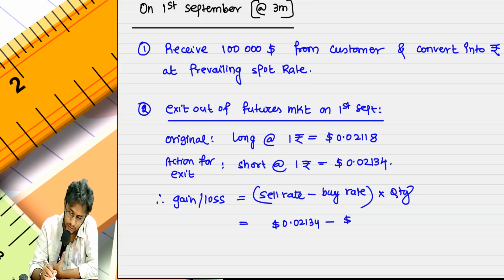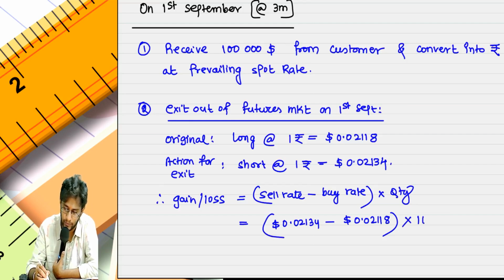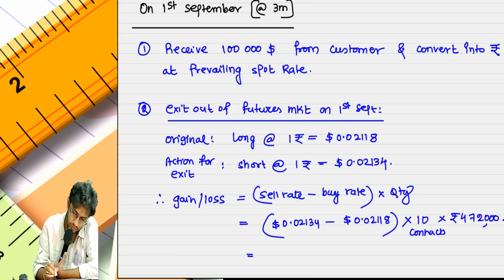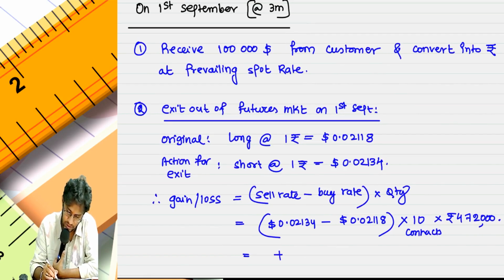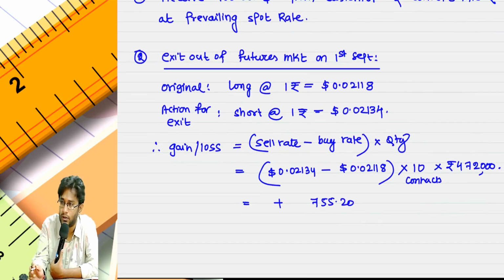Buy rate is $0.02118 into how many contracts did you pick up? 10 contracts. Each contract value is rupees 4,72,000. Definitely plus only, sir, because sell rate is higher. You will have 755.20. What is this?